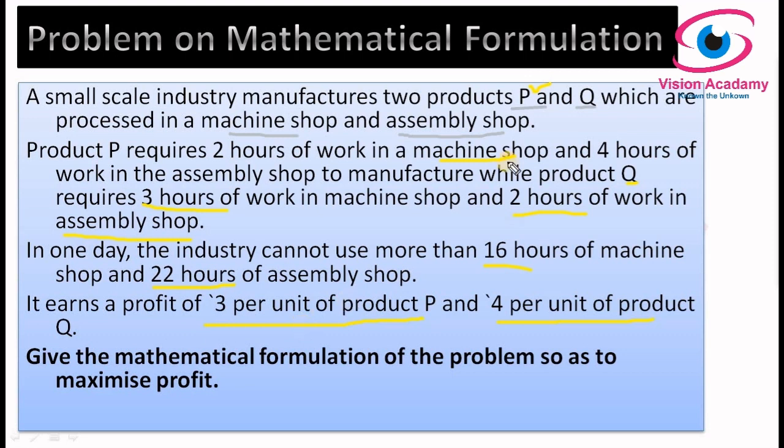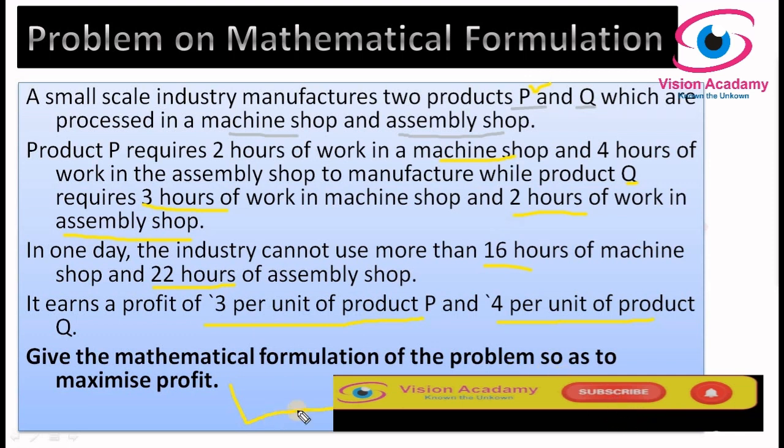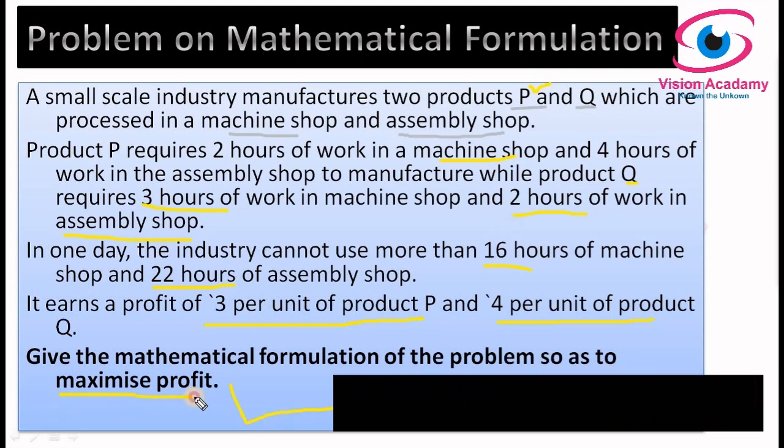So we have information regarding two types of product, machine shop and assembly shop, the required work in machine shop and assembly shop for product P and Q, the available capacity for machine shop and assembly shop, and the profit per unit of product P and product Q. What they are asking you to do is make a mathematical formulation of the problem so as to maximize the profit.